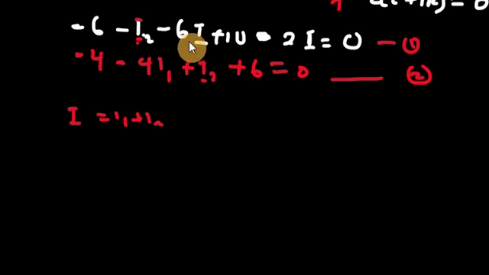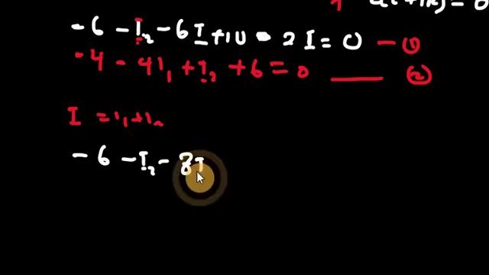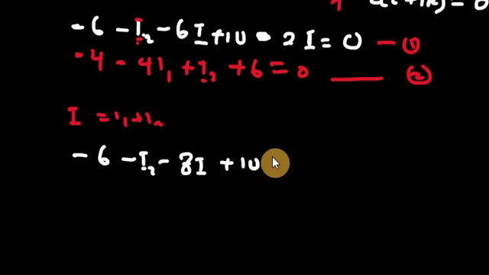So from equation 1, we have minus 6 minus I2, minus 6 minus 2 is minus 8I plus 10 equals 0. I am rewriting equation 1.